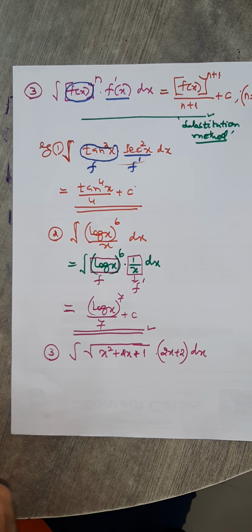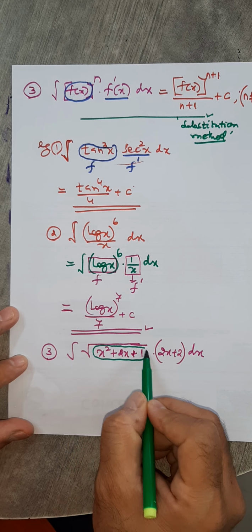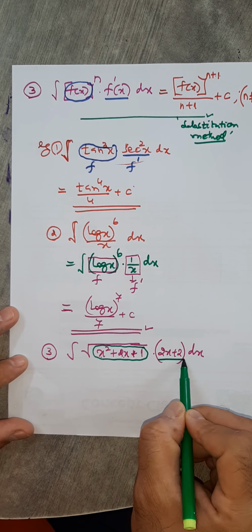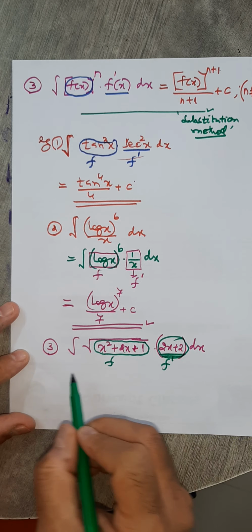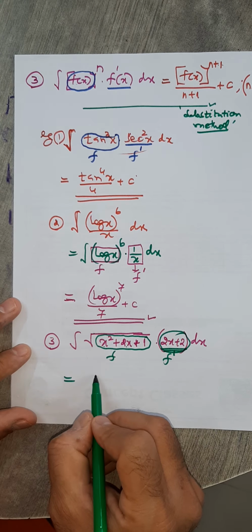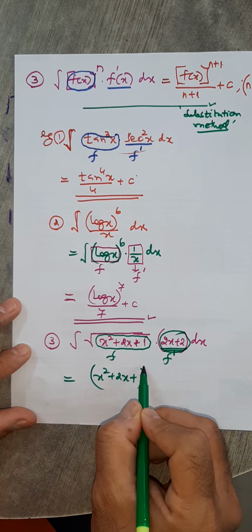So you must have noticed, forget about the raised to 1 by 2. You just notice this. What's the derivative of this? 2x plus 2, which is already there. So this is f, this is f dash. So you can raise the power by 1. What's the power here? 1 by 2 plus 1, so raised to 3 by 2.